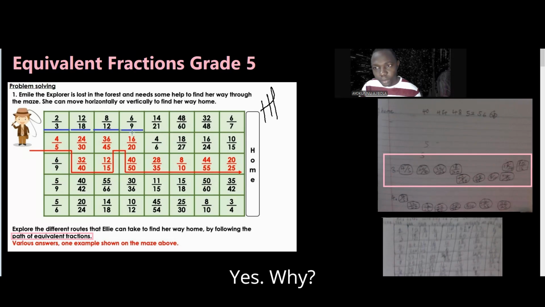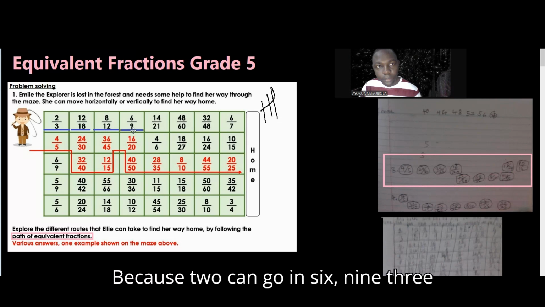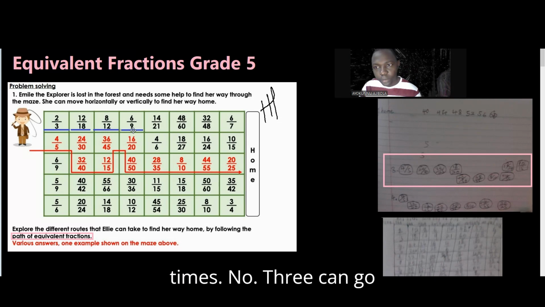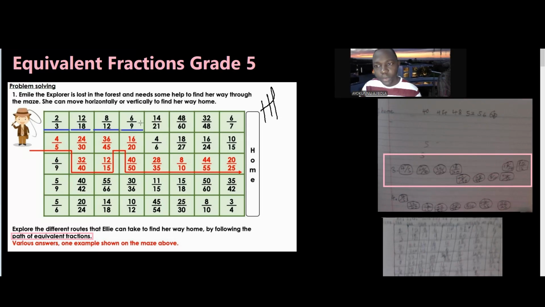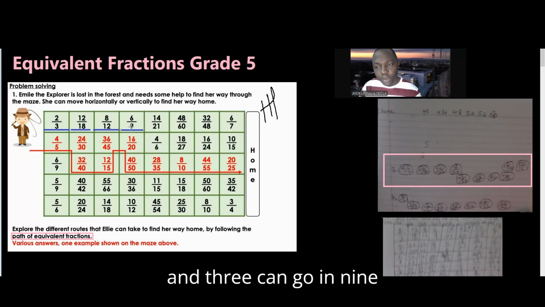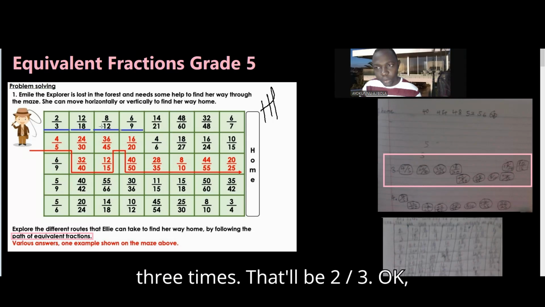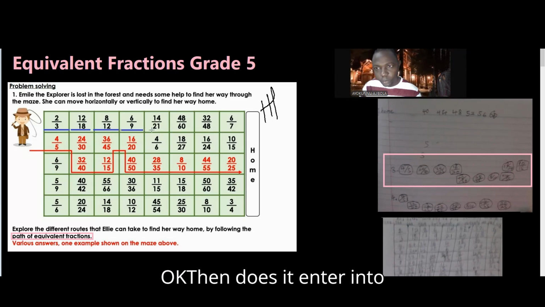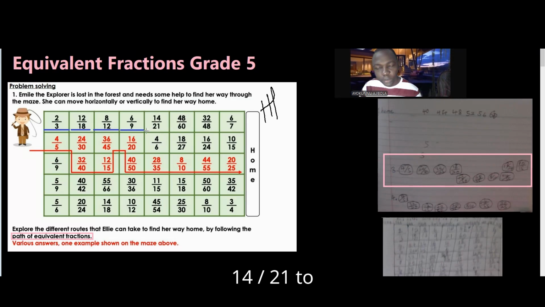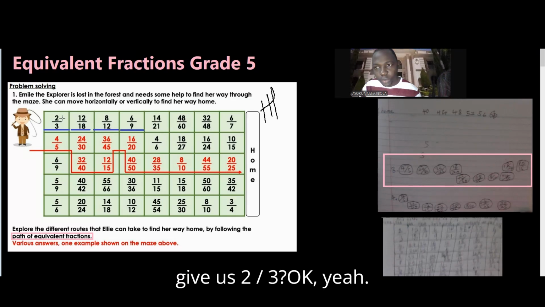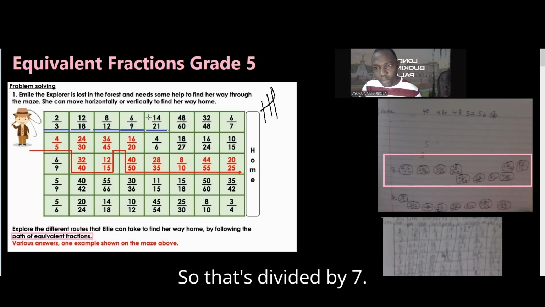Yes, because 3 can go in 6 2 times, and 3 can go in 9 3 times. That'll be 2 over 3. Then does it enter into 14 over 21 to give us 2 over 3? Yes. So that's divided by 7.